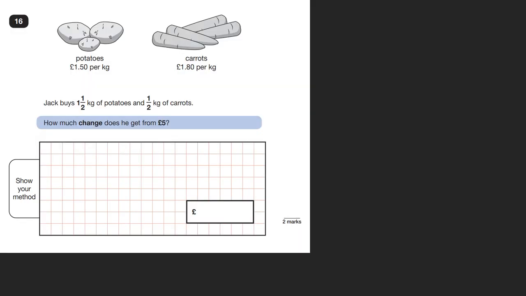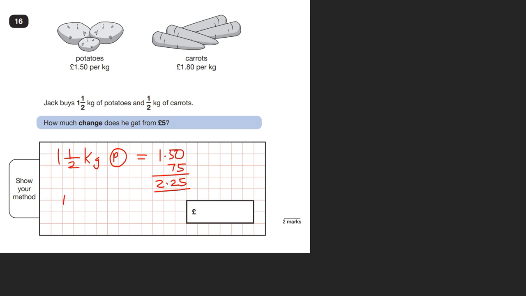And question number 16 is a reasoning question. They're given potatoes 1 pound 50 pence per kilogram, carrots 1 pound 80 per kilogram. Jack buys 1.5 kilograms of potatoes. 1 kilogram of potatoes is 1.50, right? And half a kilogram is 75p. So if you add these you will get 2.25, right?